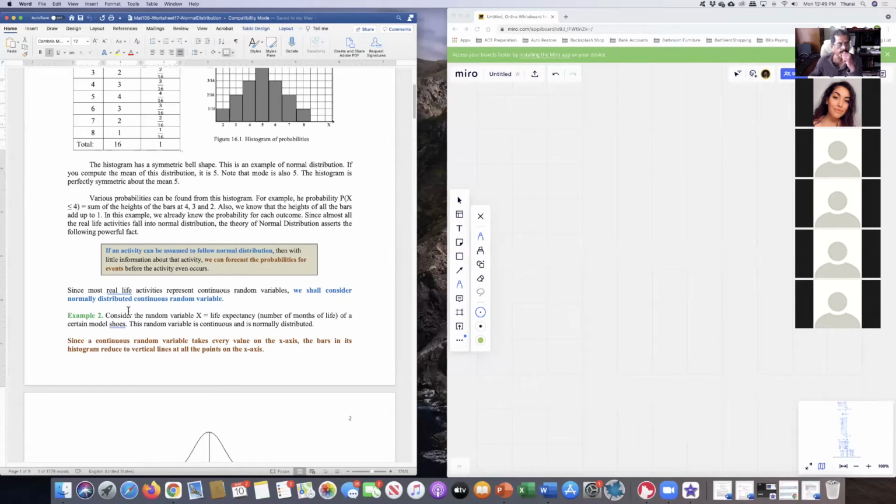Let's consider this example: X, the random variable, represents the life expectancy of a certain model of shoe, how long it will last. Let's say we are looking at that as our problem of analysis. We're going to analyze how long a certain shoe will last.